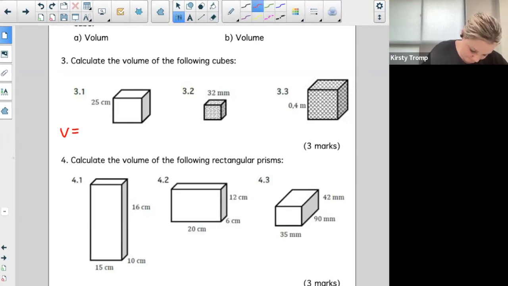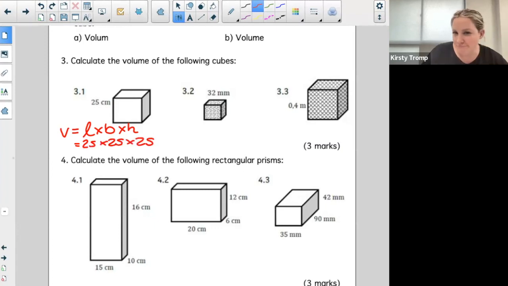With the front face of the cube, ma'am, we make a Z where we start at the length and then the breadth and then the height. So now, ma'am, wouldn't it be equal, since that's it? So it's going to be 25 times 25 times 25.